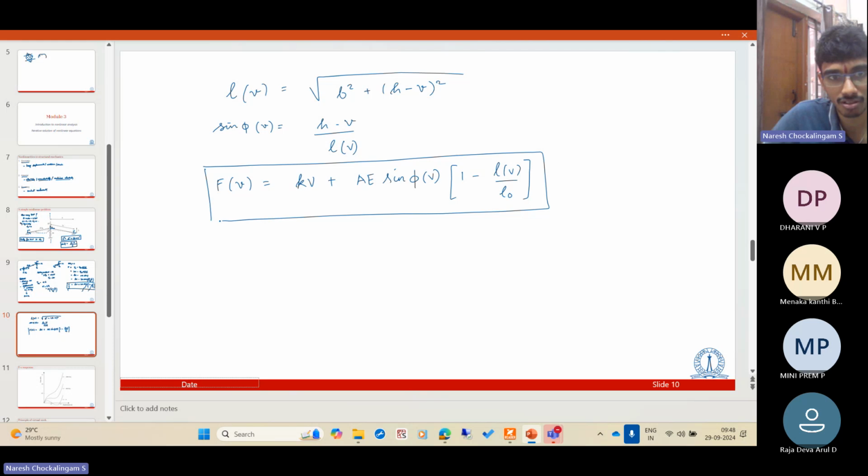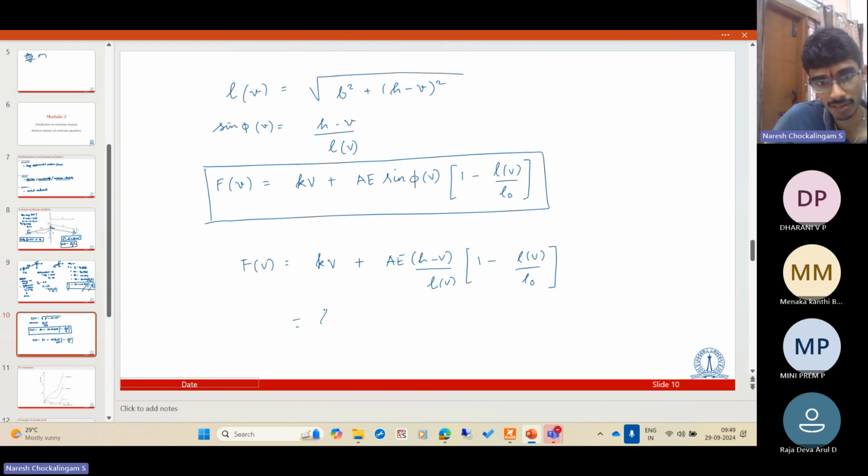Maybe we can substitute for the sin phi so that we can get rid of one. So we get F of V is KV plus AE, with sin phi as H minus V by L of V, into 1 minus L of V by L naught.